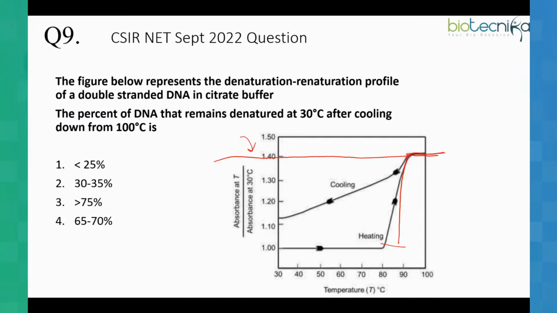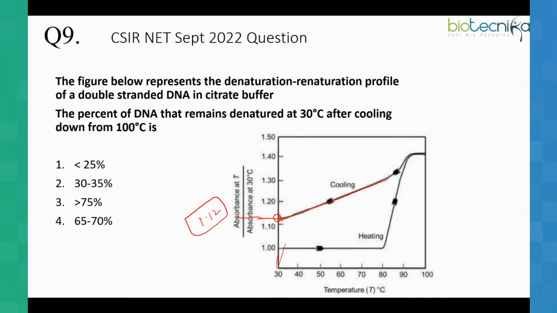Now the DNA was cooled down, the temperature was brought down again to 30 degrees centigrade. But even when brought down to 30 degrees centigrade, the absorbance was only down to about 1.12.